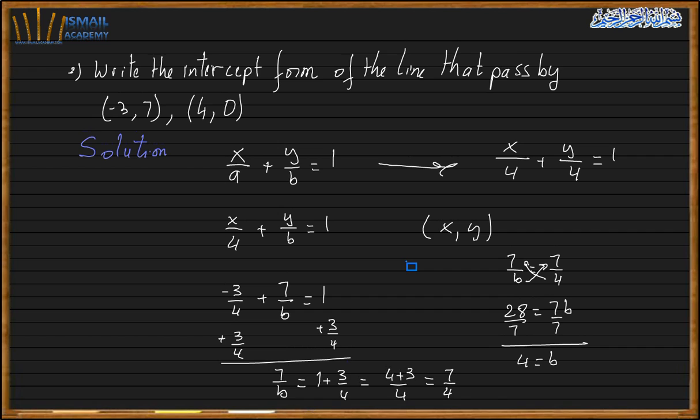If you want to use the slope, they give me the x-intercept and I want to use the formula of the slope. So what I do, I pick that point. I don't pick that one.